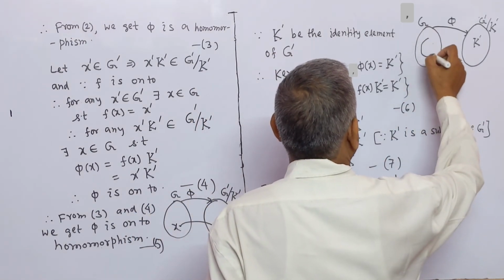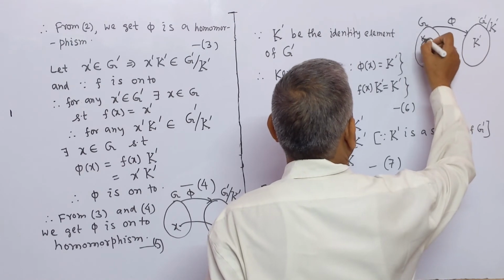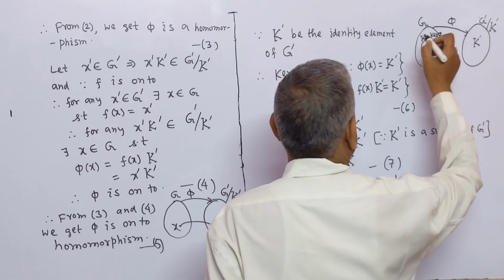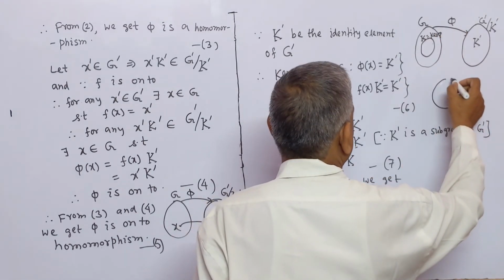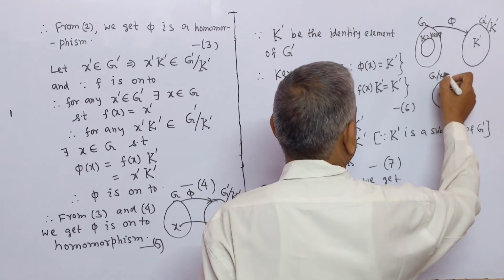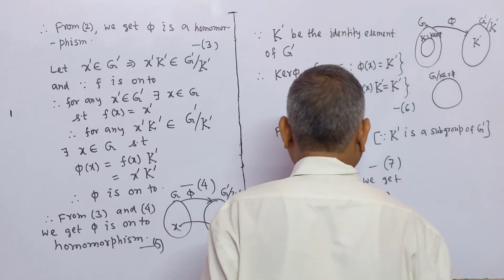Here K equal to kernel of phi. Here quotient group G by kernel phi.